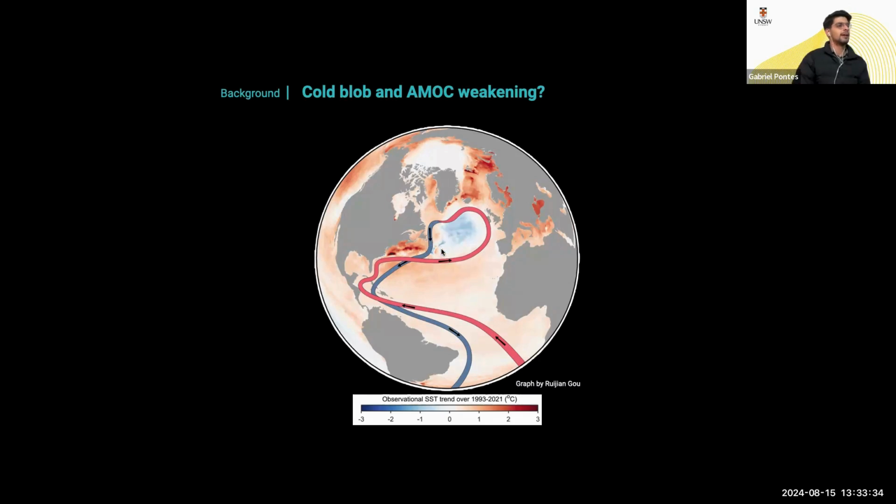Along with this cooling trend in the subpolar gyre, we've got the warming of the Gulf Stream. This would indicate that all of the heat transported by those northward flowing currents has been converged in the Gulf Stream due to a weakening, which leads to this cooling anomaly in the subpolar gyre.